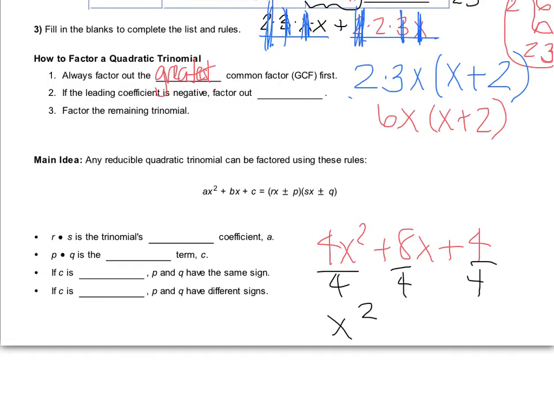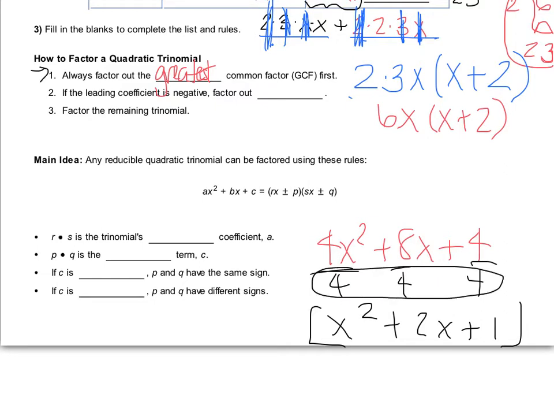Then I would have x squared plus 2x plus 1, and then I would factor at this point. So that's what they're talking about here: I need to do this part first. I need to see if I can divide by something at least.